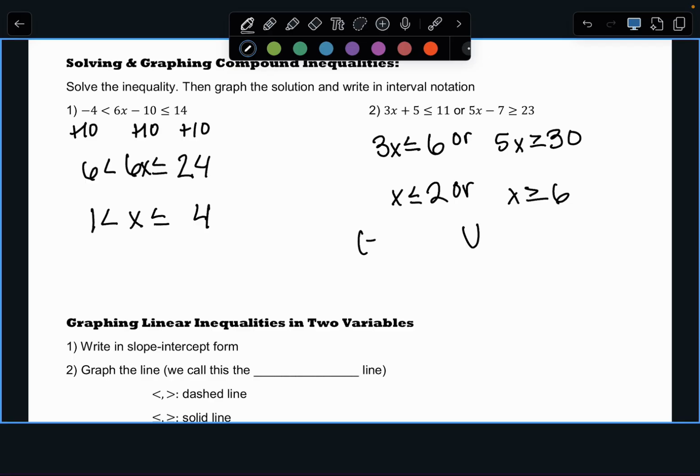Negative infinity. And what's my biggest possible point? 2. Included. So we have brackets. Same thing for x is greater than 6. What's my lowest point, my smallest number? 6. Included. And then it's greater than, so infinity.